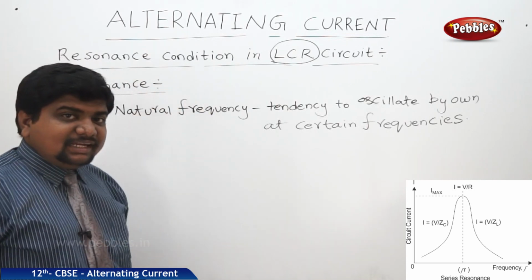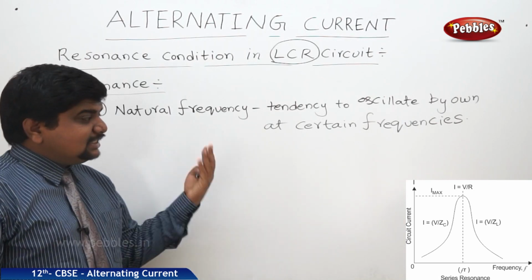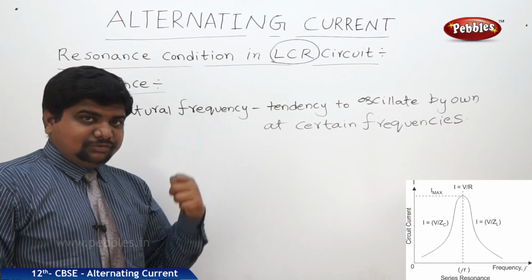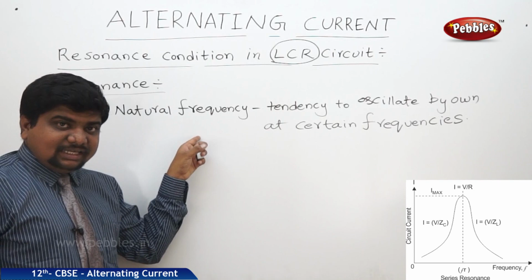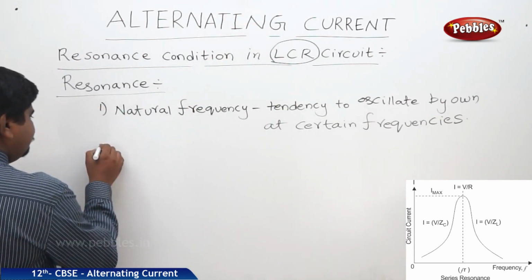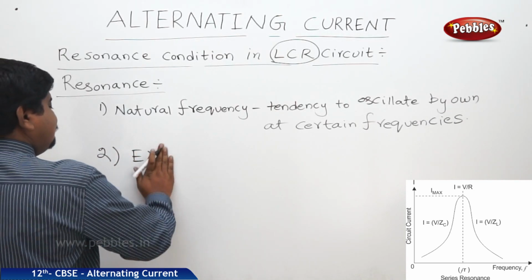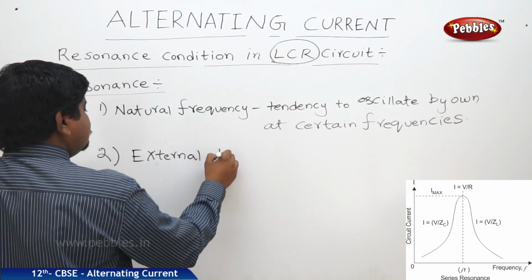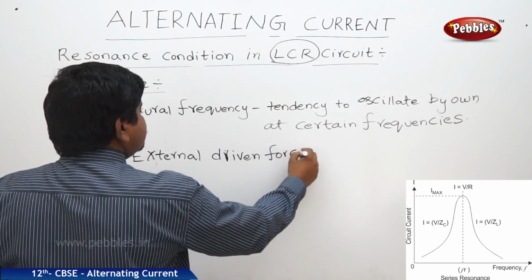If any external energy drives the LCR circuit, then the LCR circuit experiences forced oscillations. Those oscillations will mix with the natural frequency, and then the amplitude of the LCR circuit will be maximum. Therefore, external driven, or we can write, driven force.